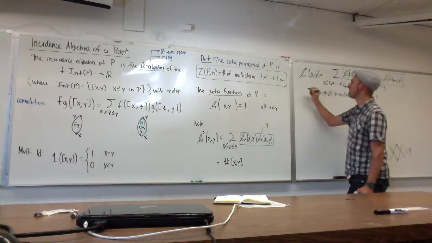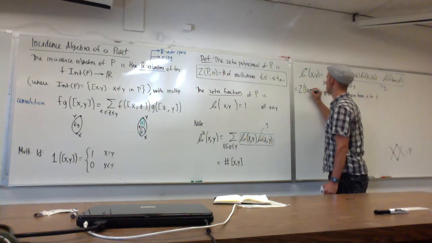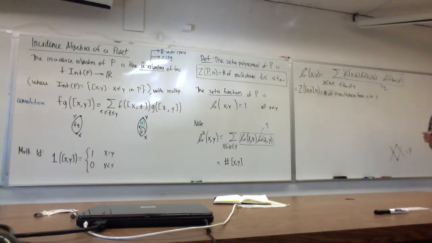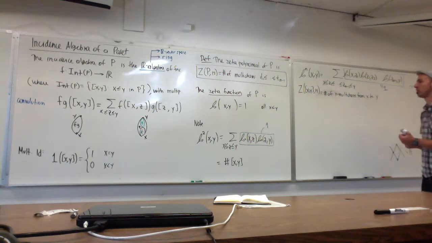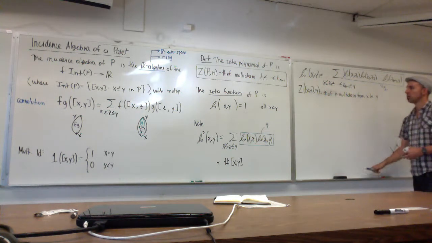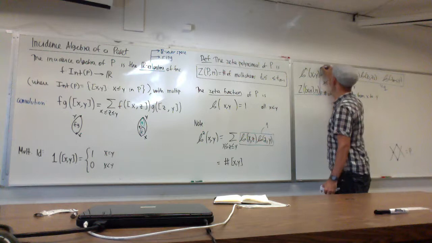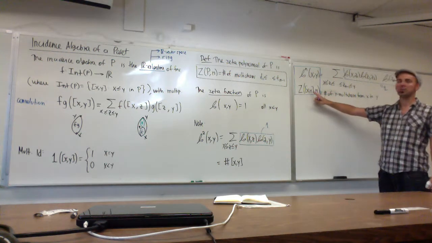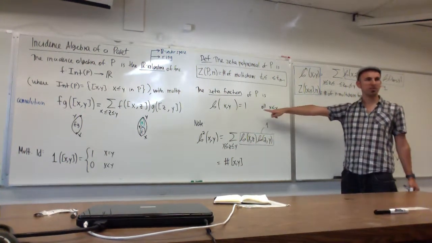In other words, this is the zeta polynomial of the interval xy. So that's a nice statement: if we're interested in zeta polynomials, then the zeta polynomial is actually just the nth power of the zeta function.